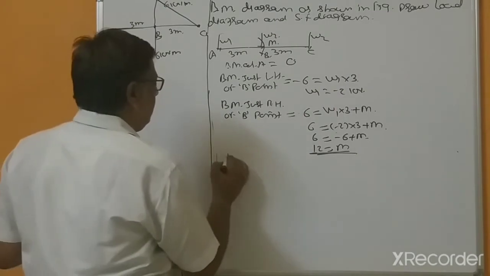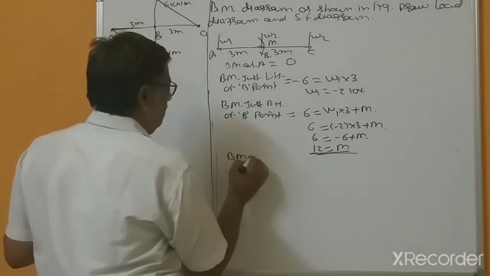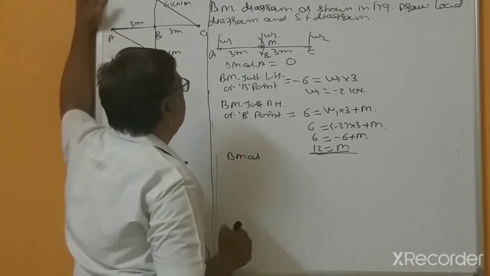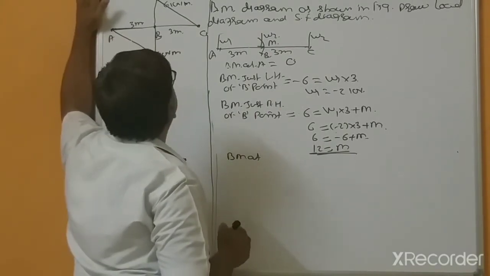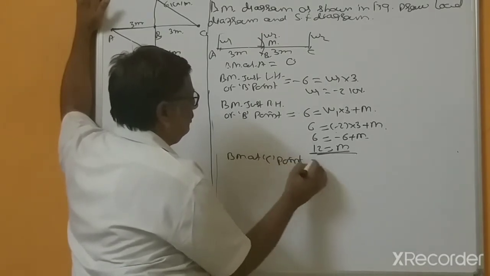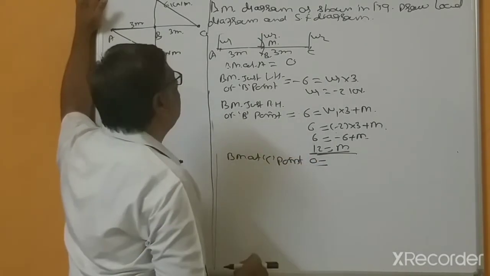Next, bending moment at C point is equal to 0.